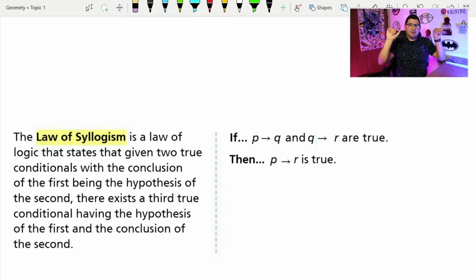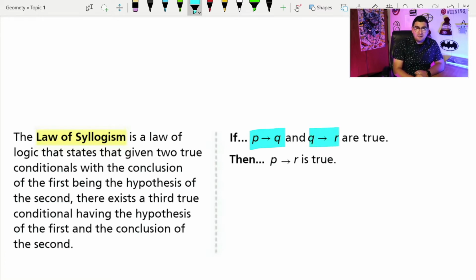If I have a scenario where one conditional ends how my second one starts, then I can actually make a third conditional connecting the hypothesis of my first to the conclusion of my second. So basically, if I have one conditional that states if P, then Q, and a second conditional that states if Q, then R, then I can combine those two and say if P, then R. So if the first two are true, then I can create a third one that's also true.